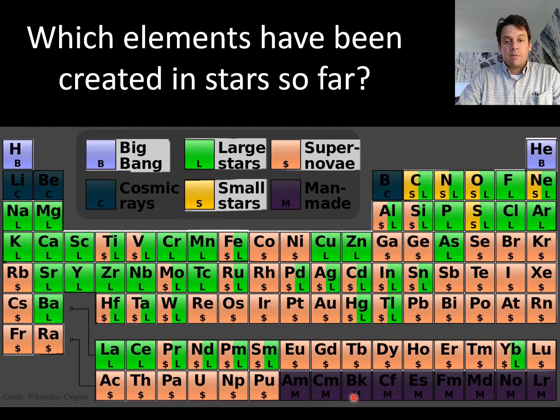But the point is that in these supernovae, you're forcing everything together. Things become so dense in the core that you just flood these nuclei with neutrons. And even though these nuclei are not very stable, they can't help but form because everything is so densely packed.